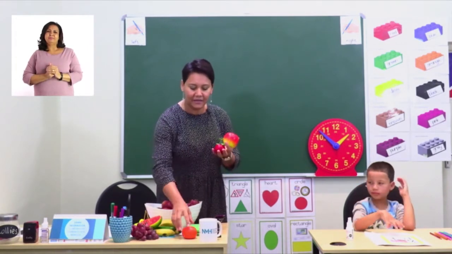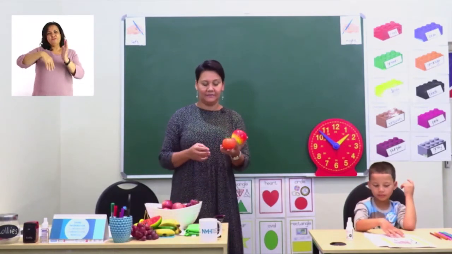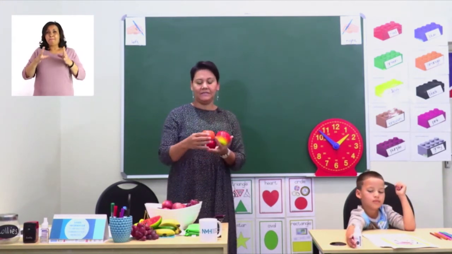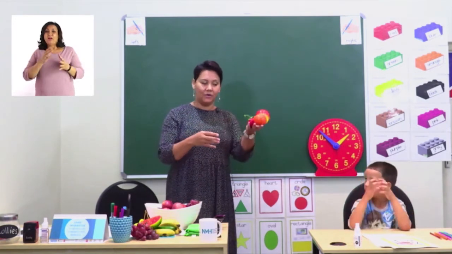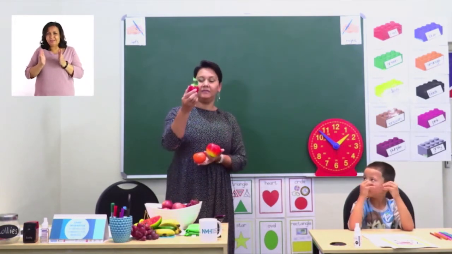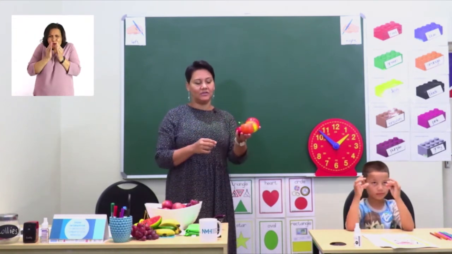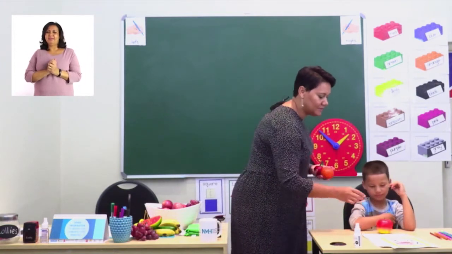I have 3 fruits in my hand. Well, I have an apple, and the apple is bigger. I have a tangerine, and it's a little bit smaller than the apple. I have a cherry. The cherry is a little bit smaller than the tangerine. Well, friends, the apple is big.